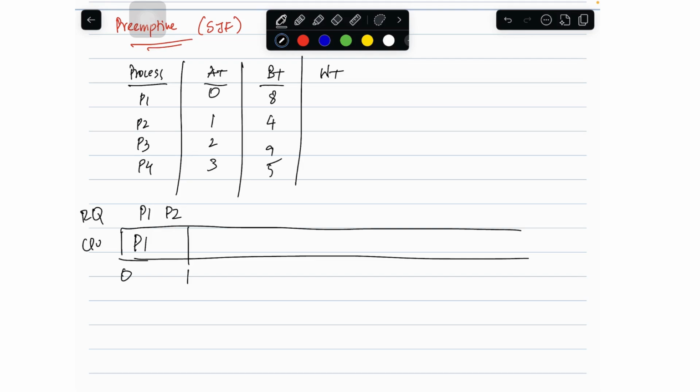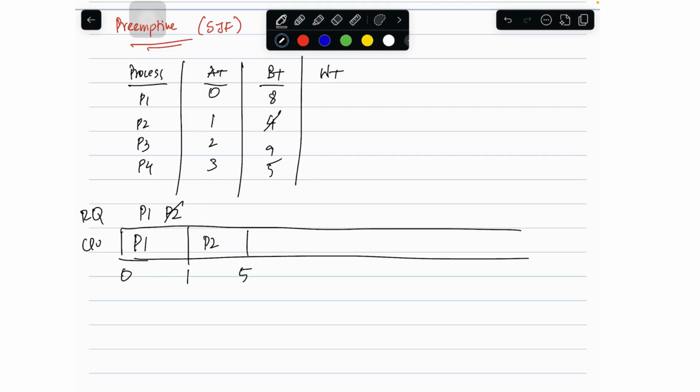So it will take out P1 and dispatch P2. P1 will be suspended and P2 will be dispatched to the CPU. Now it runs, and the burst time is over.